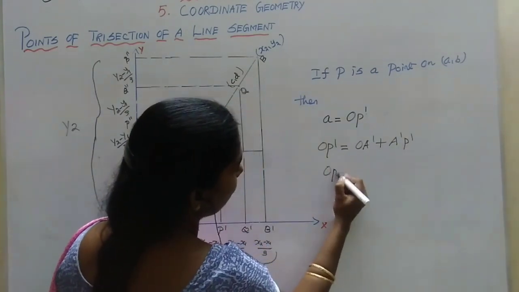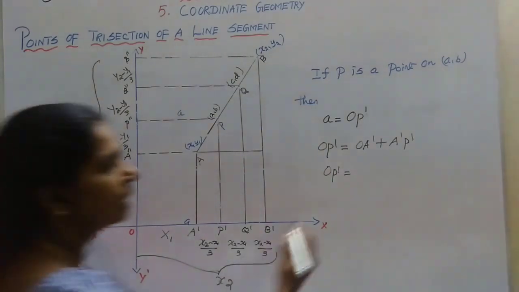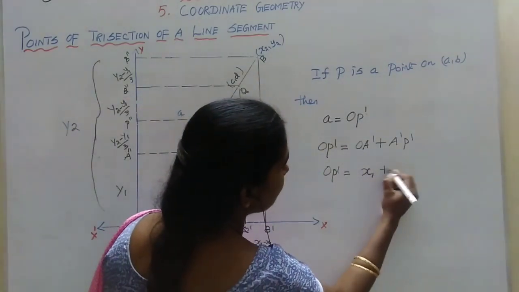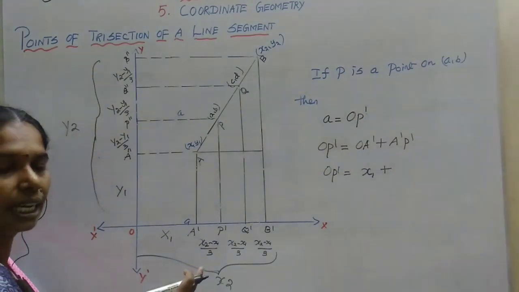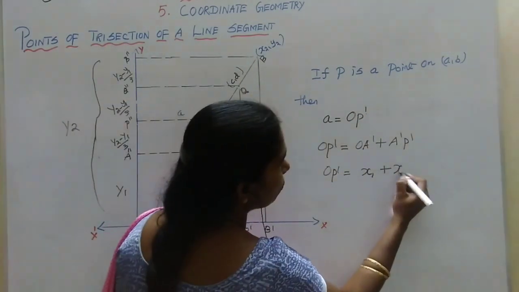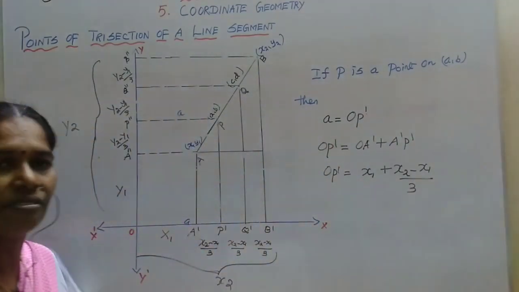So OP dash is equal to, what does mean by OA dash here? Yes, very good. X1 plus, what is A dash P dash? So now we only have to find out the length, that is x2 minus x1 by 3. Now it comes in fraction.